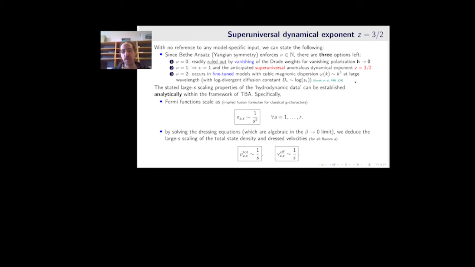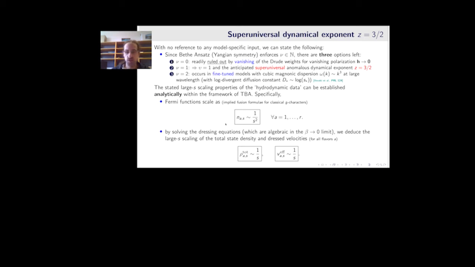In the paper, we go further and dig into the Bethe ansatz and TBA, and it turns out that if you work in the high temperature limit, which is possible in these models because they have finite Hilbert spaces, you can even derive analytic solutions for all the relevant thermodynamic state functions, because the TBA equations become algebraic.